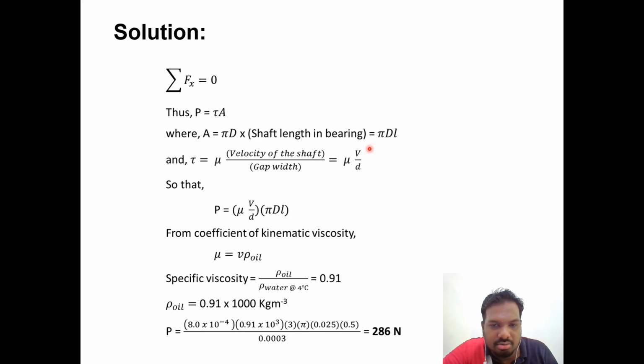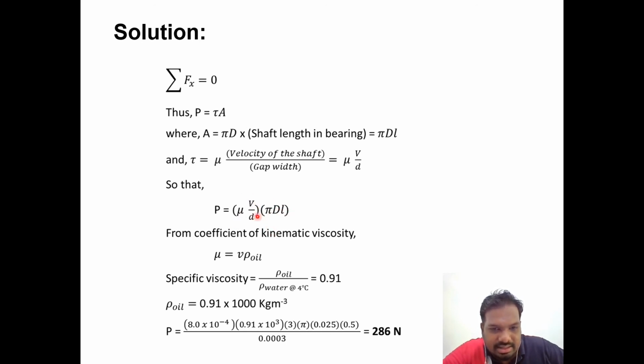For du over dy, you can use whichever information is given. If the velocity and separation are given, you can use v over d. So we have a few parameters that we can use. So P equals mu v over d times pi d L.